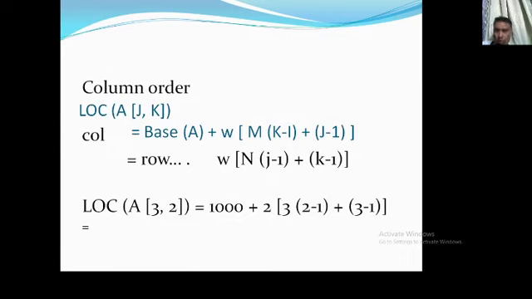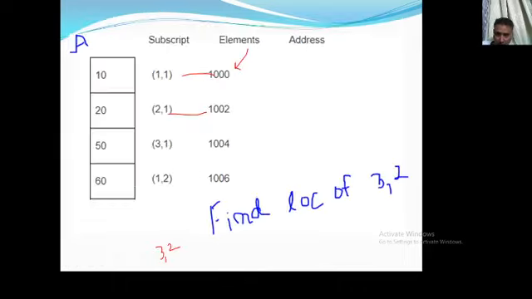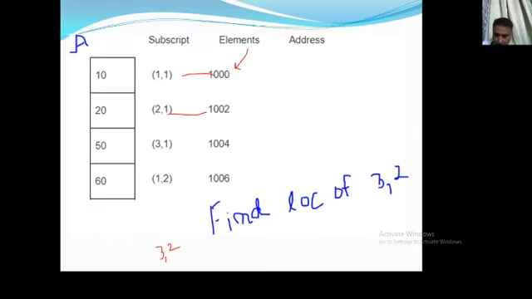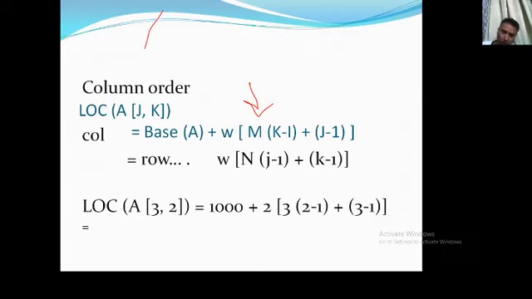I have given you this problem, which is solved using column order. In case of row order, you'll have to use m cross n. The array is 3 by 2, so you'll have to decide what the value of n is. Do the same problem using row order.